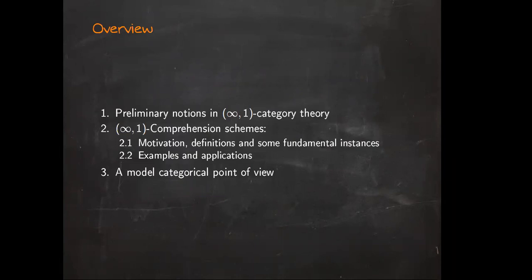So I will just give a quick definition of fibered infinity categories and the Grothendieck deconstruction, to state the equivalence to indexed infinity categories. But the vast majority of the time will be spent today on the second part, which is to motivate the definition of comprehension schemes, and then give the necessary definitions, the most important instances, and examples and applications.